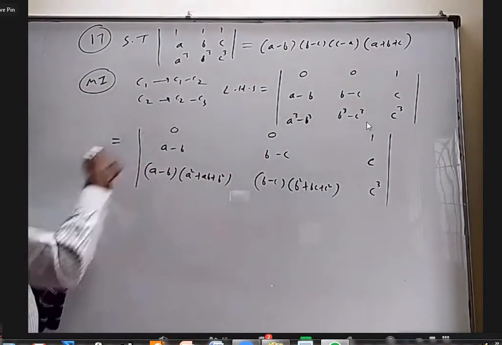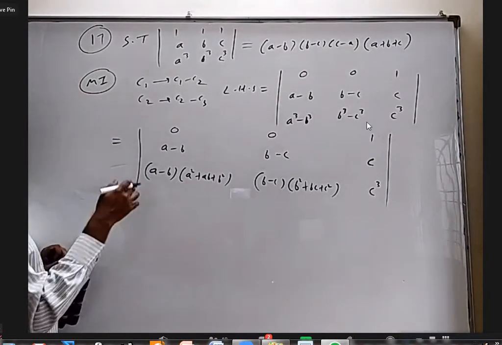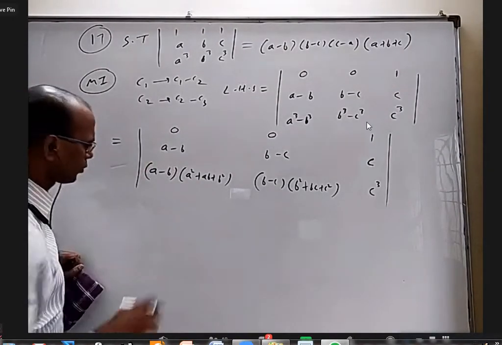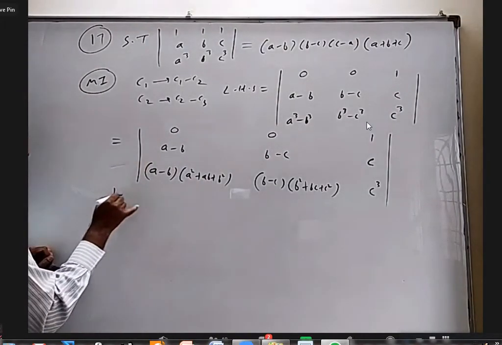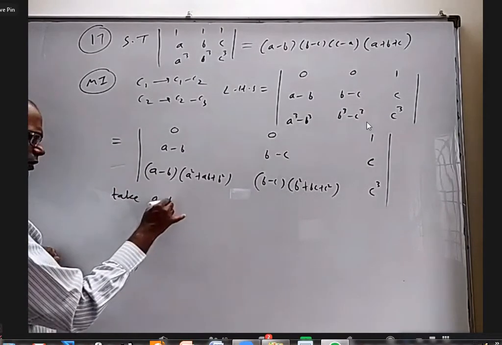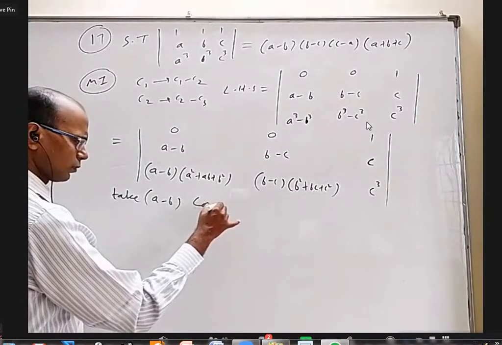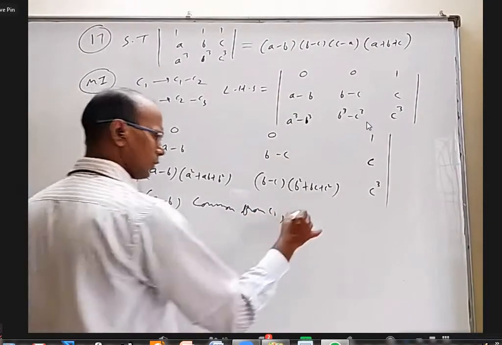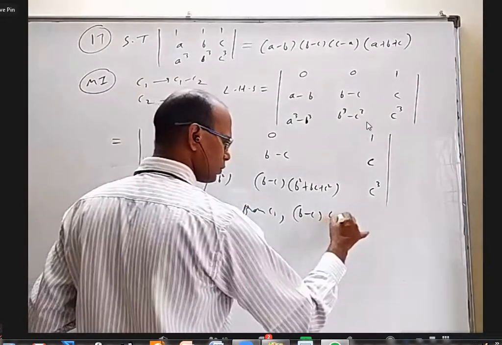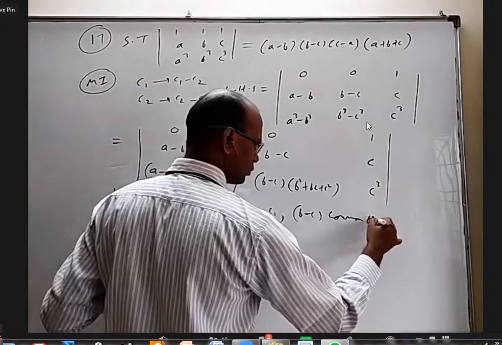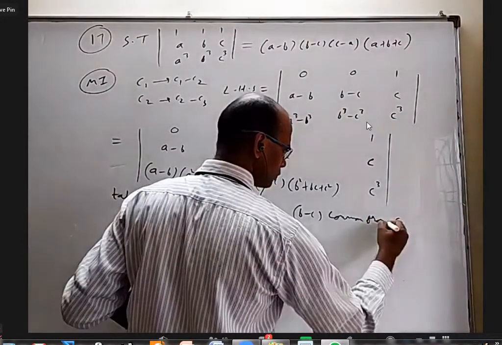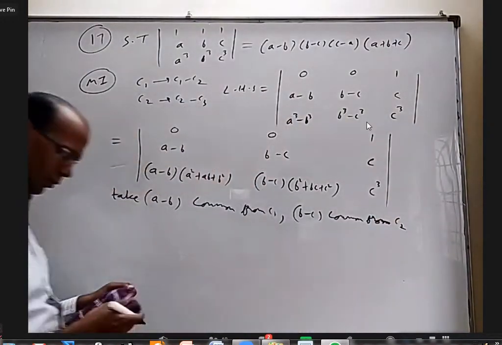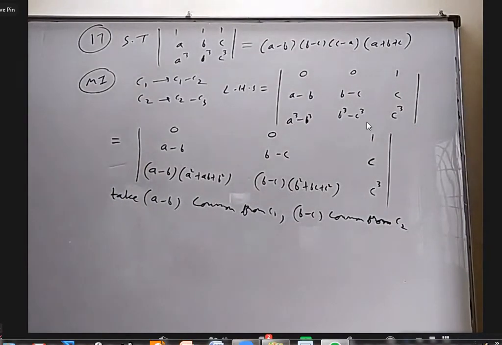Okay, now I will take a minus b common from column 1, b minus c common from column 2. Himabindu, are you able to follow comfortably?